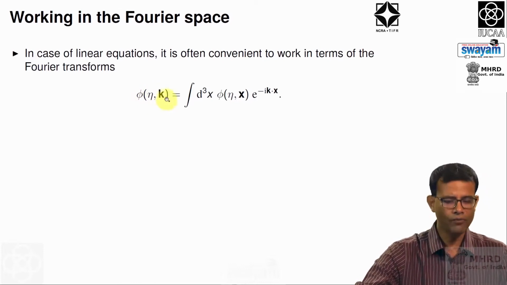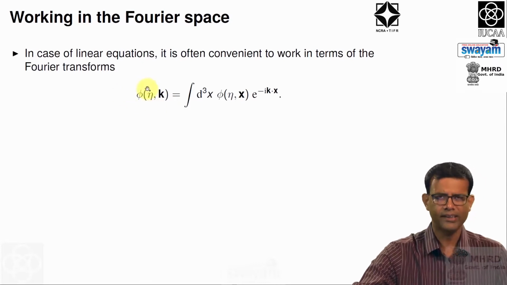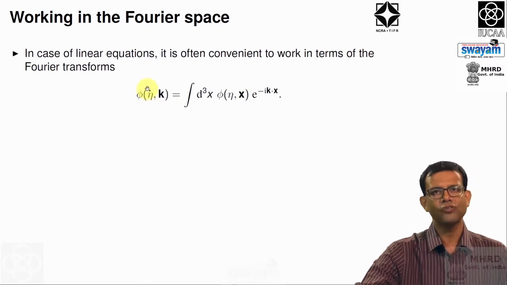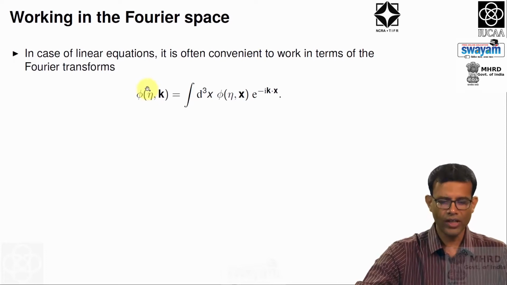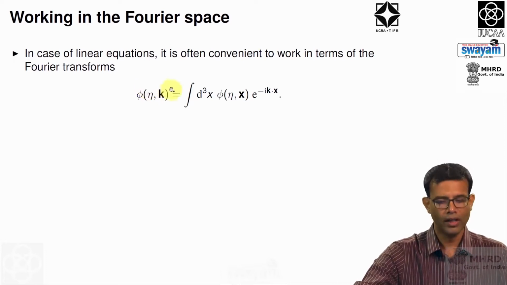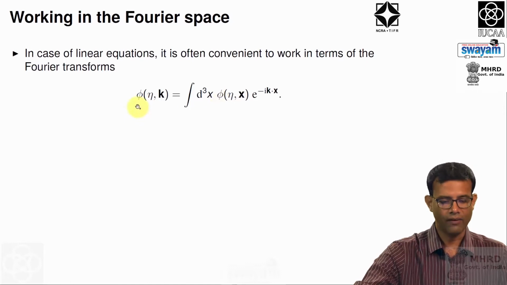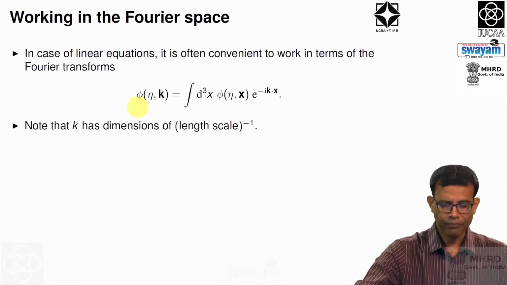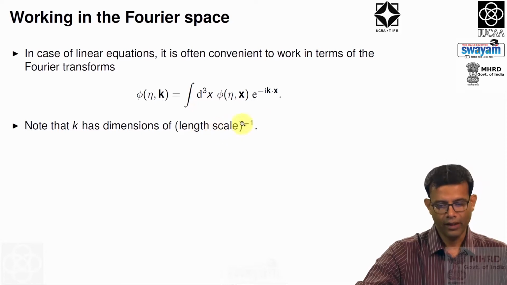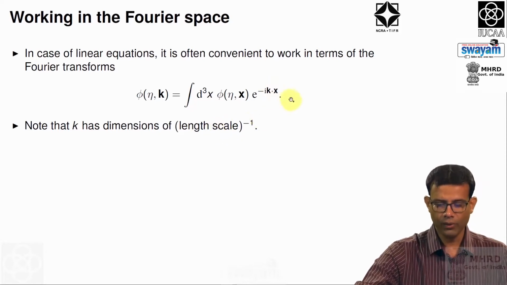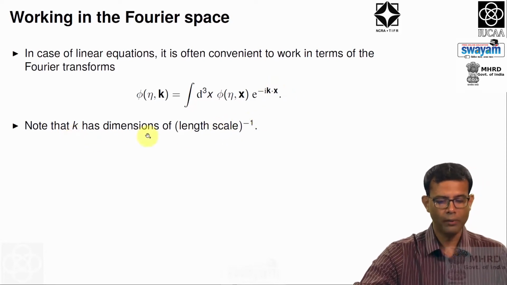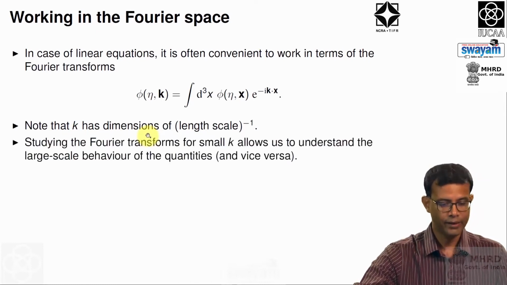Ideally, one would have written this as phi tilde or something, but since once we move to Fourier space we will stick to Fourier space, there will not be any confusion between this phi and that phi. So, we will just use the same notation. Now, this k, as you can see, has dimensions of 1 over length. k dot x has to be dimensionless, so k should pick up the dimension of 1 by x.